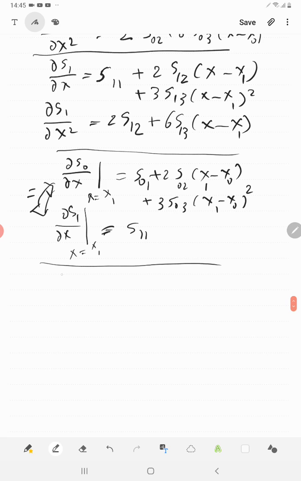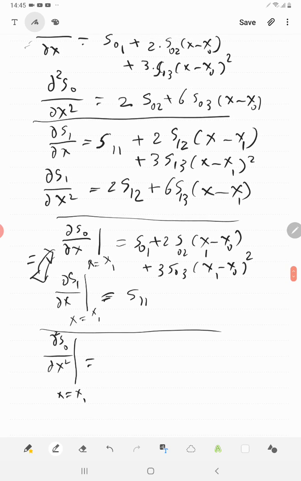From the second derivative, d²S0/dx² evaluated at x equal x1 will be 2 S02 plus 6 S03 (x1 minus x0).